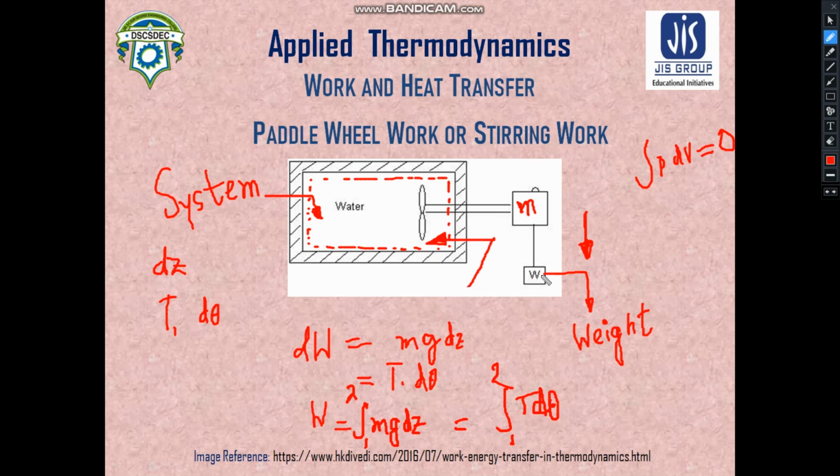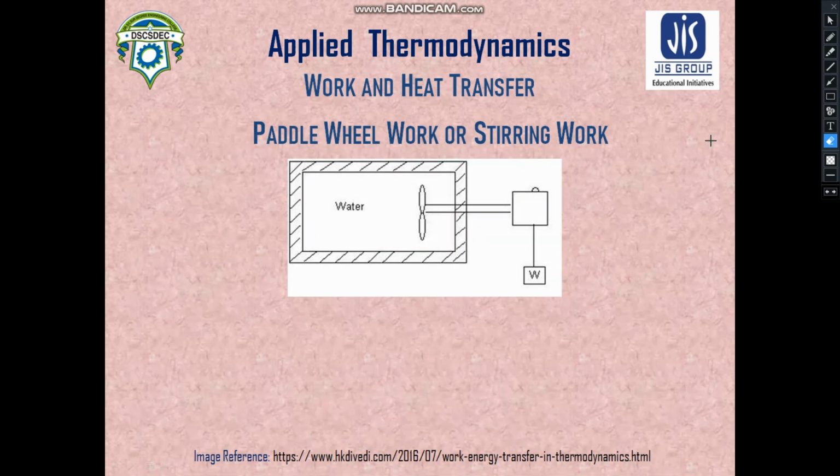That means because of the surroundings, some work is done on the system. Okay, so I hope that it was understandable to you. So you just need to remember the formula. This is nothing but the change in potential energy, that is mg dz, and you can also calculate the same from the perspective of torque and the angle of transmission.